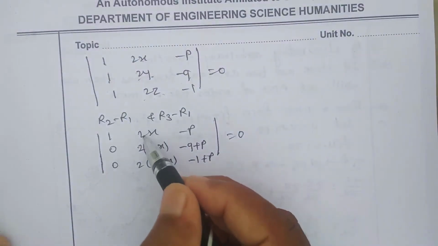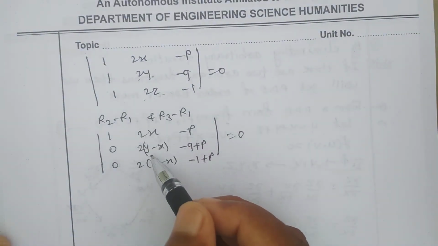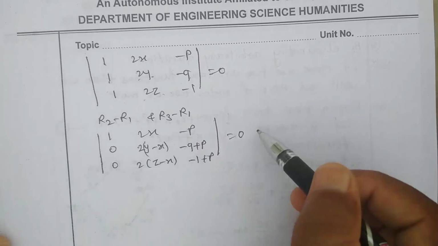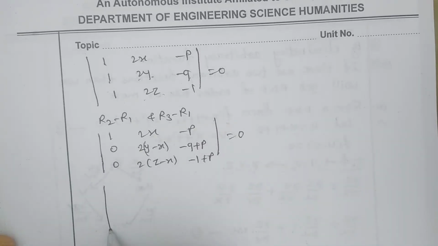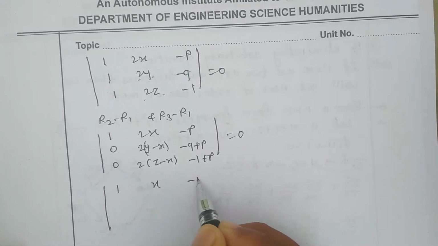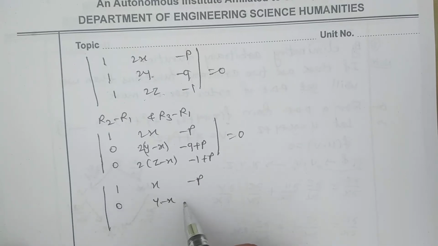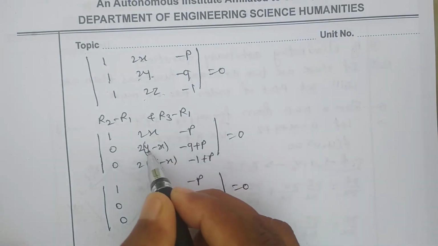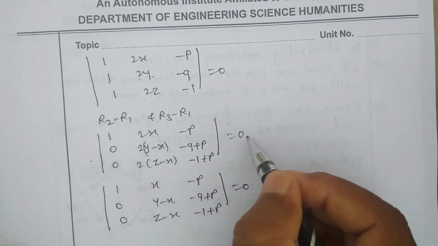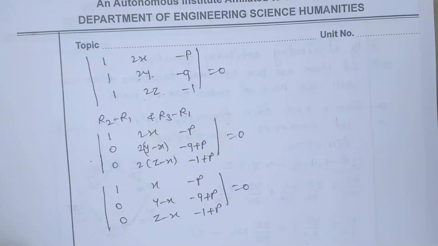Now also I can take 2 common from the second column and cancel it out with this 0. So we will get 1, x, minus p; 0, y minus x, minus q plus p; 0, z minus x, minus 1 plus p. Taking 2 outside from the second column and going to RHS, it becomes 0.